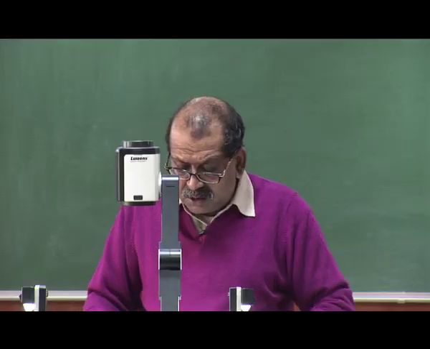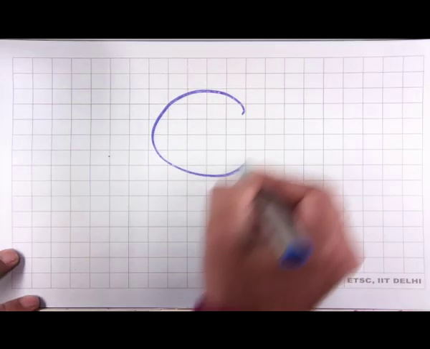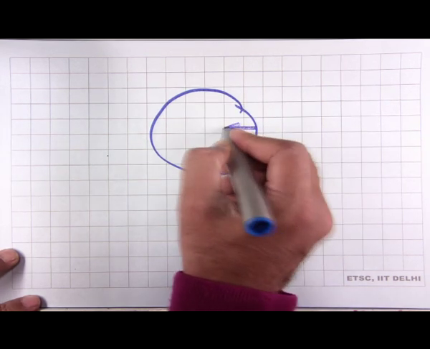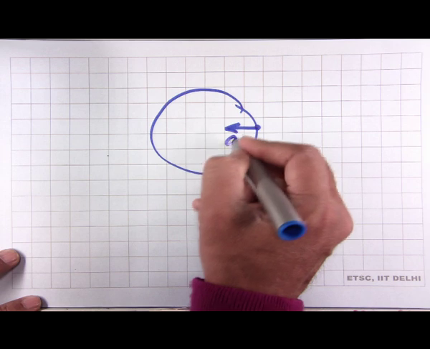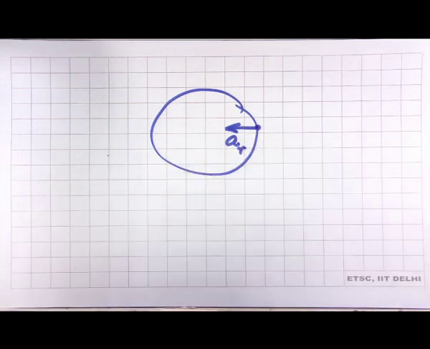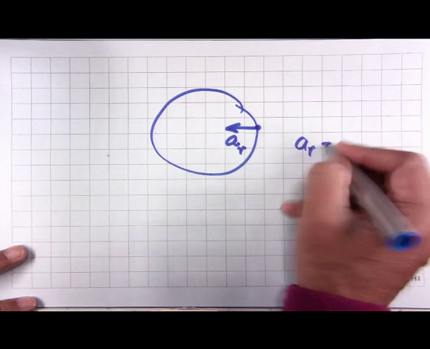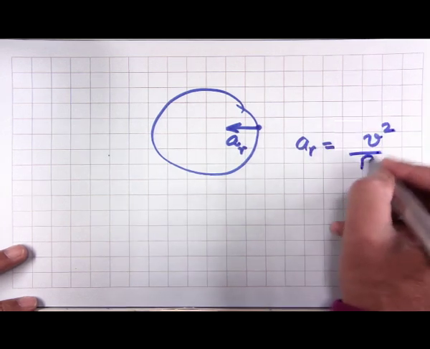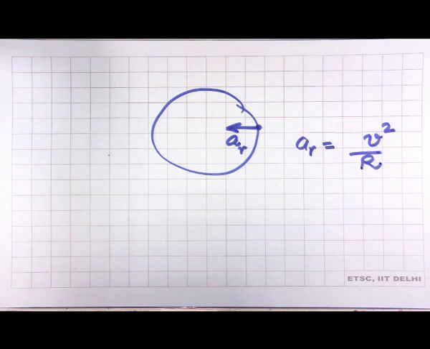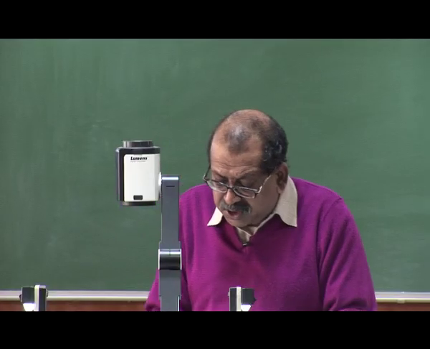So for a body to move in a circular path, there will be a component of acceleration toward the center, and this radial component of acceleration is equal to v square upon r. So even if the body is moving with a constant speed, the fact that it is on a curved or circular path gives it a radial component of acceleration equal to v square upon r.